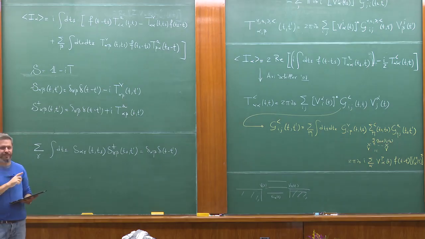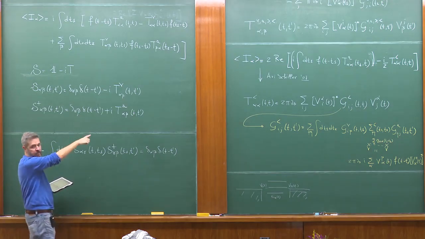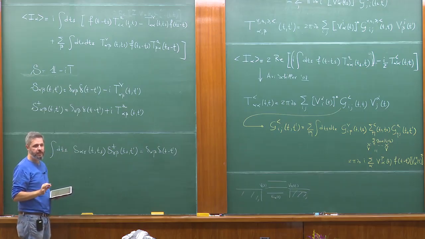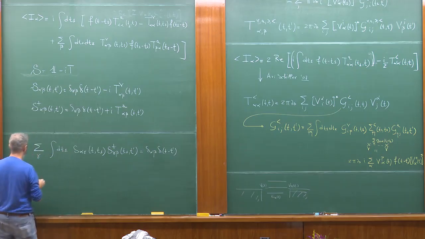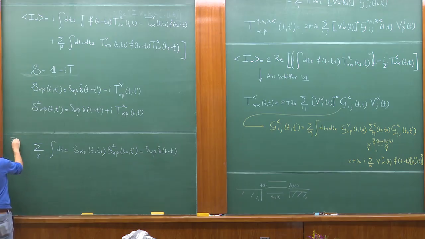This formula is correct. It's actually a consequence of the Dyson equations for the retarded and advanced Green functions. So I'll leave it to the brave among you to prove it as an exercise. It's not hard, and if you get stuck, look at the paper with Avishai, and you will find the solution there.